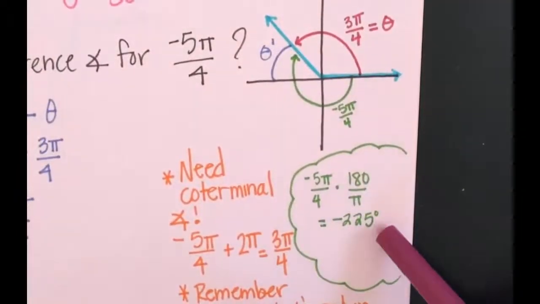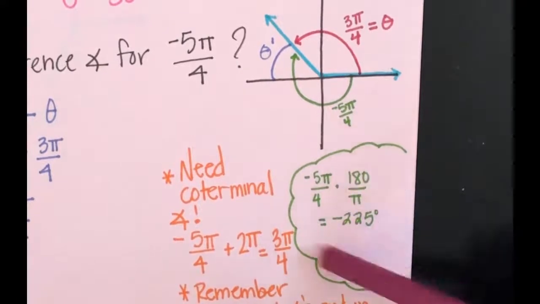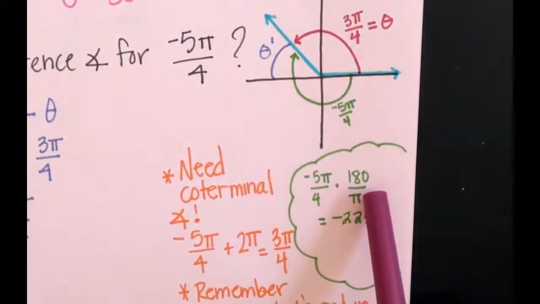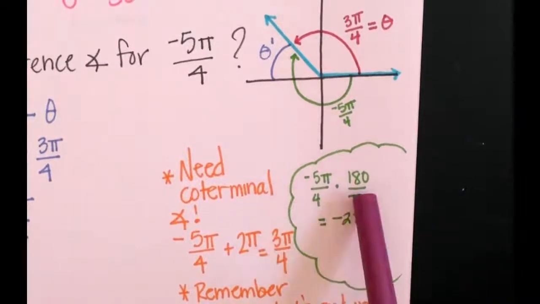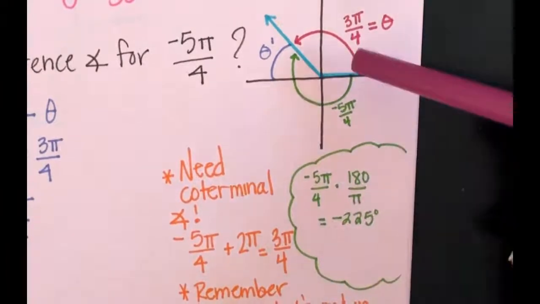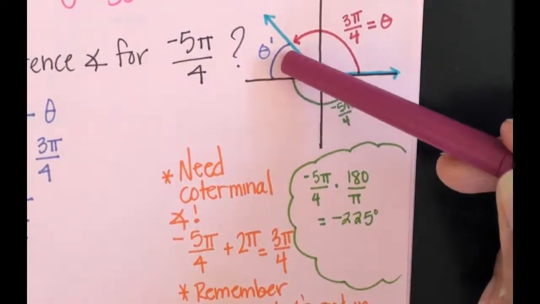I wanted to look at how do I figure out where that goes? So I changed from radian measure back to degrees so that I could figure out what that measure is, and I found that it was negative 225. So notice that I went clockwise until I hit that negative 225.